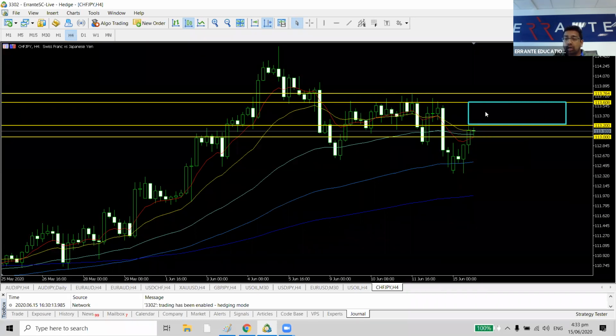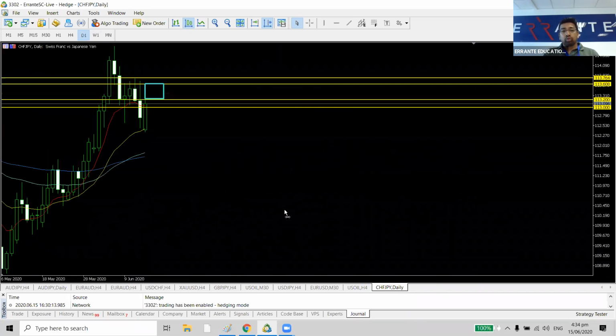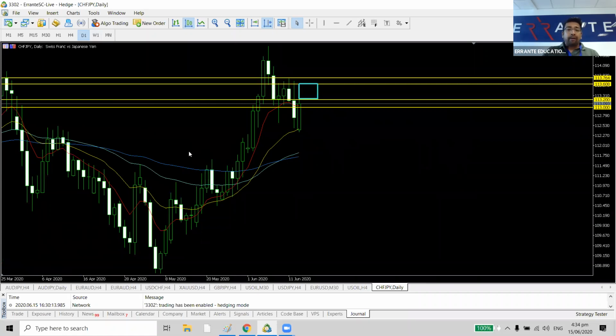If the price starts going into the blue box area, there is a lot of possibility of sideway trending. That is one of the scenarios that can happen, because at the moment, if I look at 4 hour and then the daily chart, the trend is not clear for CHF JPY.